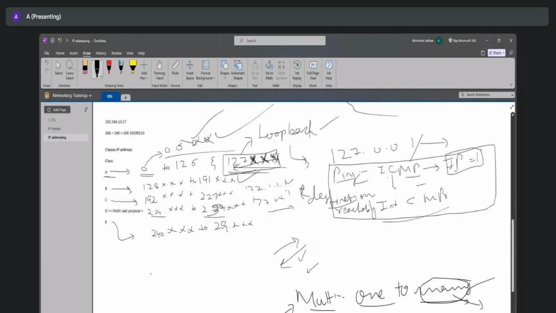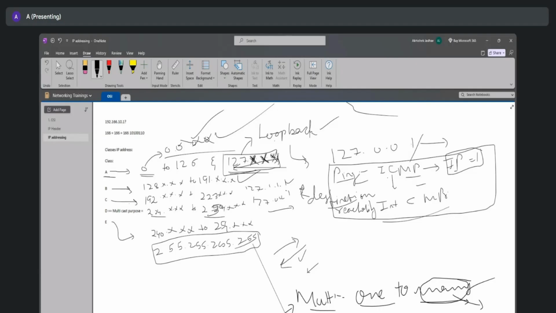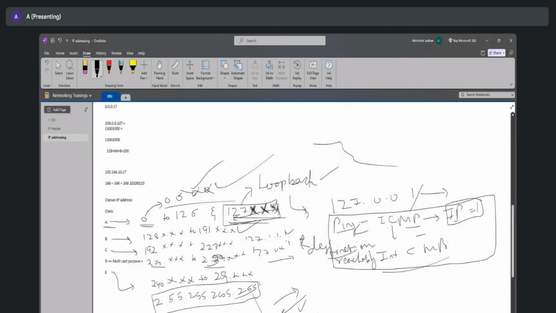Now there is one broadcast IP, which is 255.255.255.255, which is also a class E IP, but it is not considered within that range. This is the broadcast IP. Okay. Each network has its own broadcast IP.